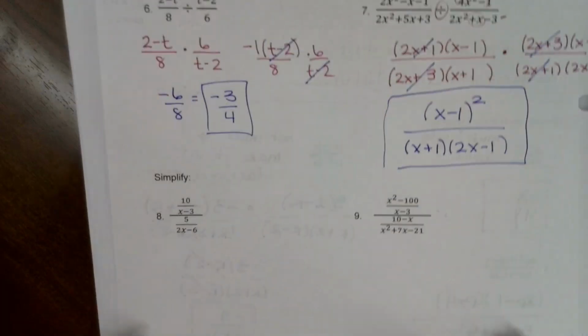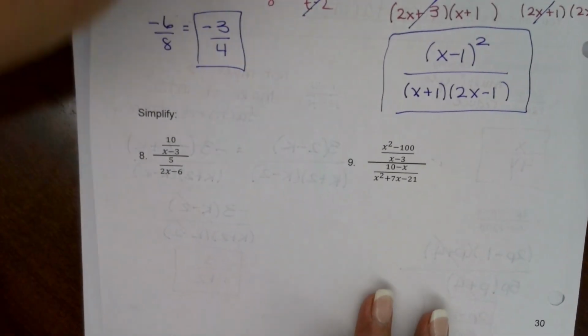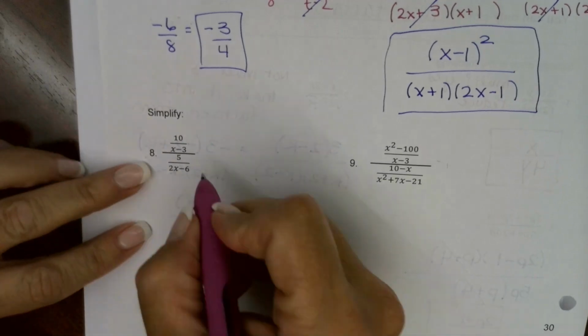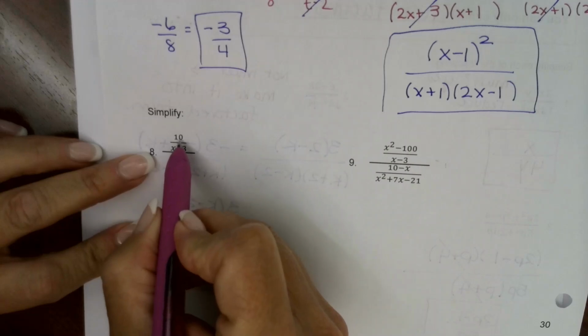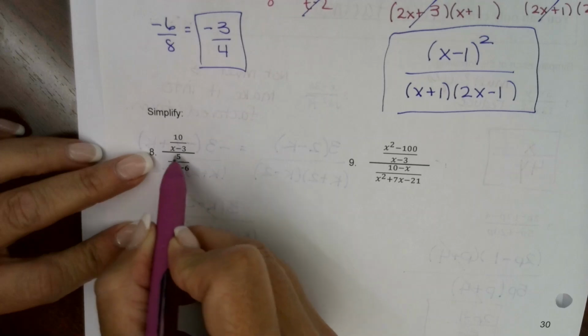Okay. Now, if we look at these last two right here, they look super sloppy. There's a lot going on, but what I want you to think about is that we are going to rewrite this with just old school division. I have a rational fraction on top divided by another rational expression in the bottom, so I can rewrite this.